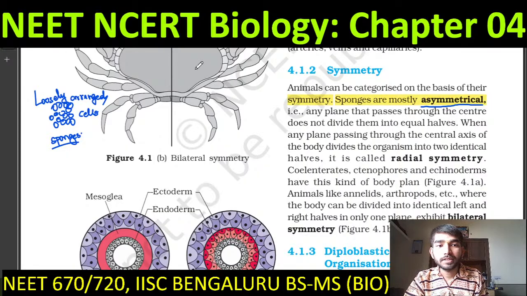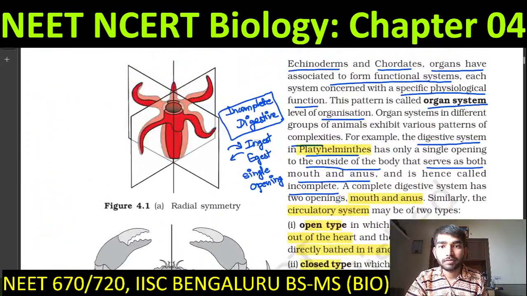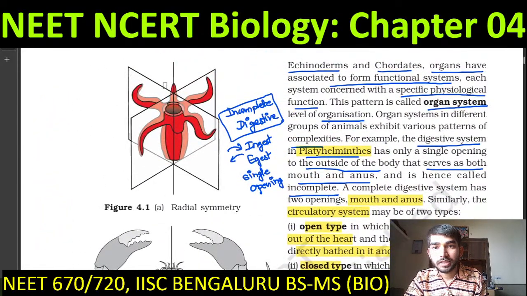When any plane passes through the central axis of the body and divides the organism into two identical halves, it is called radial symmetry. So if any plane passes through this organism, for example here, you see this plane is passing, this plane is passing, this plane is passing.